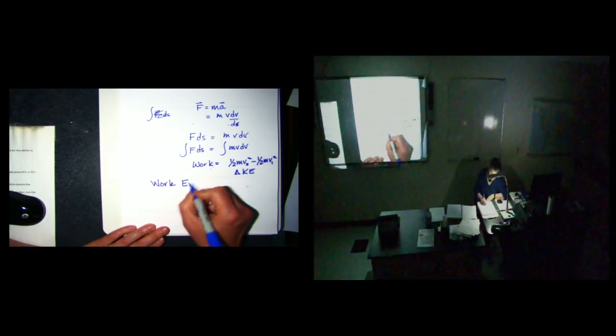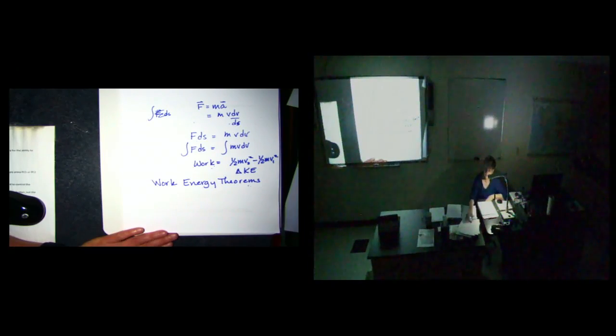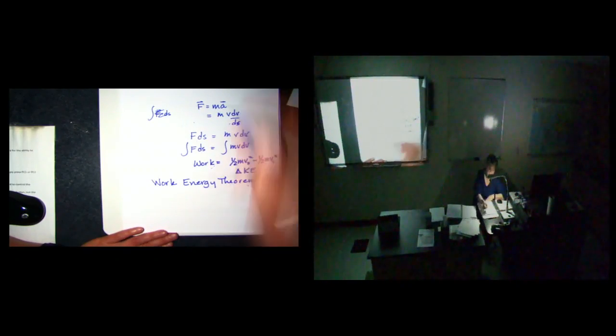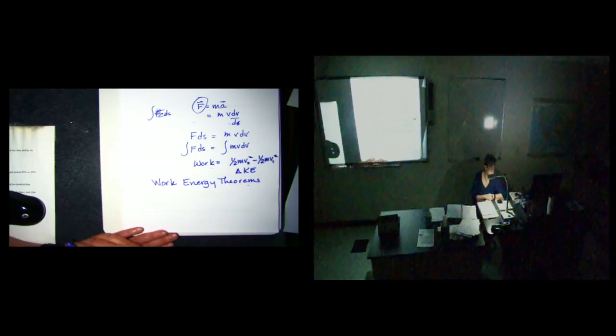A couple other things theory-wise for chapter 14. Power: now we just can't do work divided by time. It's going to be the differential of work with respect to time, and this is going to look like dU dt. And that's going to end up being F dot dr dt.